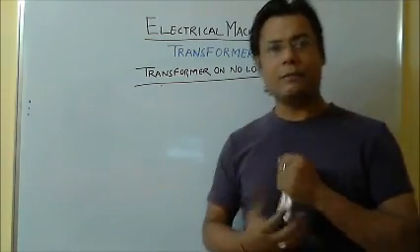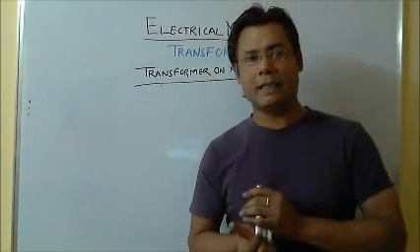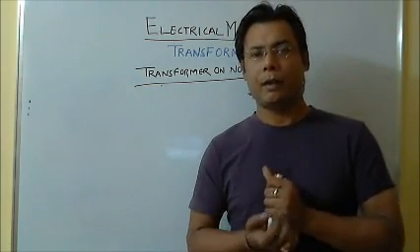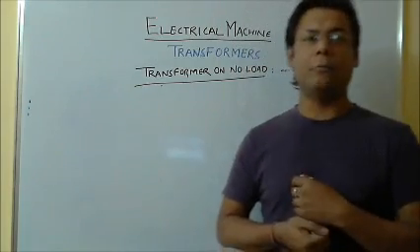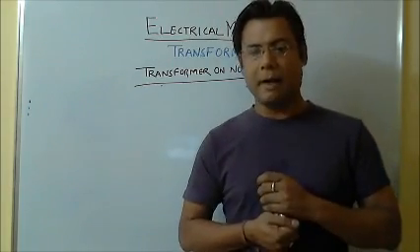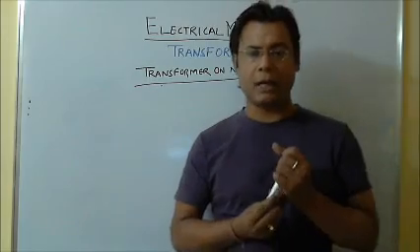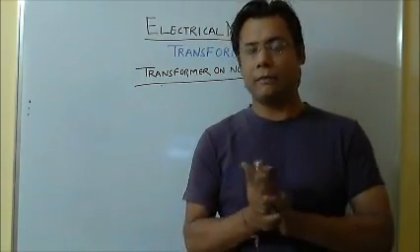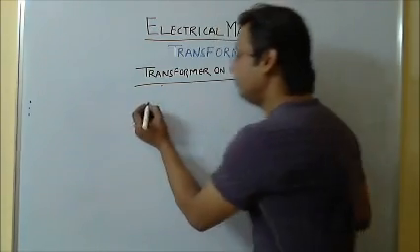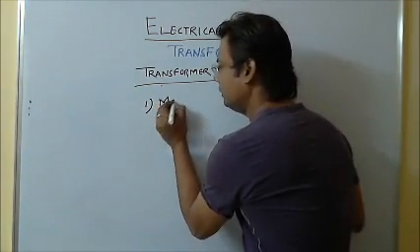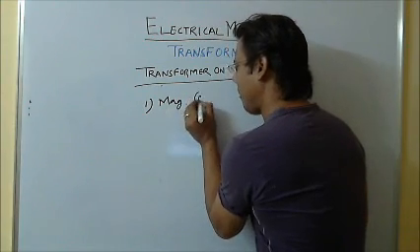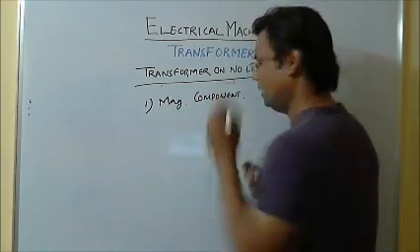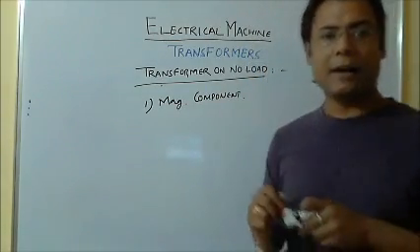First of all, a transformer is said to be on no load when its secondary is open circuit and it draws a current, which is called the exciting current, to meet the iron losses demand only. This no load current or exciting current has two components. One is called the magnetizing component, which is also called the reactive component.